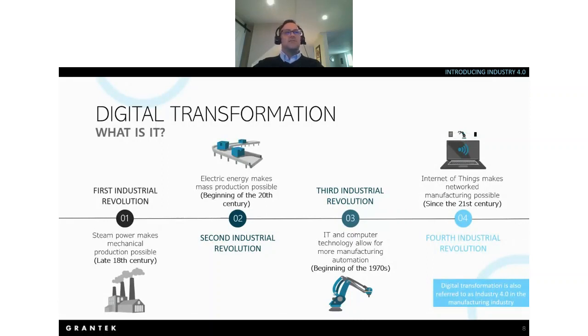It took 1.5 centuries for the second industrial revolution to happen when we started using electricity. It was less than a century after that for the third revolution, which was when computer technology and PLCs started being used to automate. And then less than a half century after, the fourth industrial revolution began.